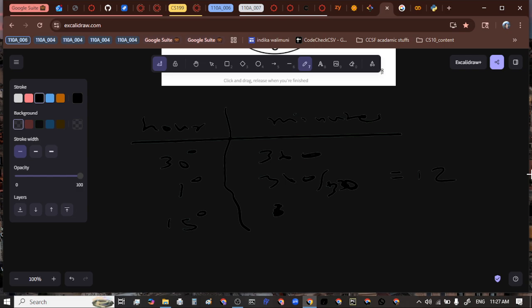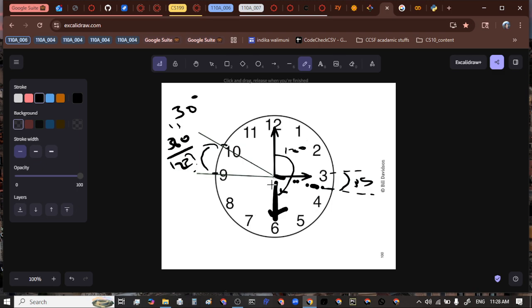Basically 15 times 12, which is 180. That's what we actually have over here. 15 degrees means right at the center between 3 and 4, and the minute hand is at 6, 180 degrees.